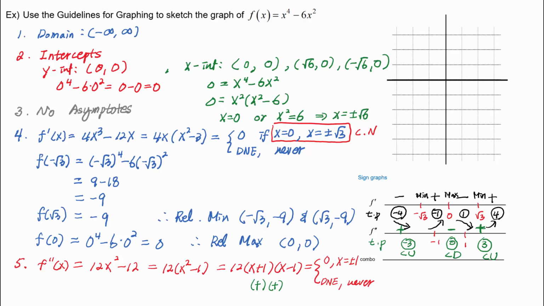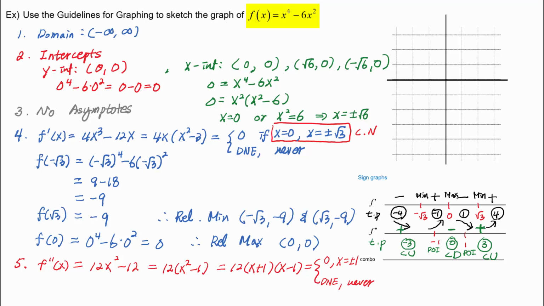So I do get two points of inflection, since there is a sign change before and after -1, and also before and after +1. So -1 and +1 are the points of inflection, and let's get their coordinates. If you recall, the original function is x to the fourth power minus 6 times x to the second power. Whether I plug in -1 or +1, I'm going to get the same y-coordinate, so let me calculate one and use it for the other.